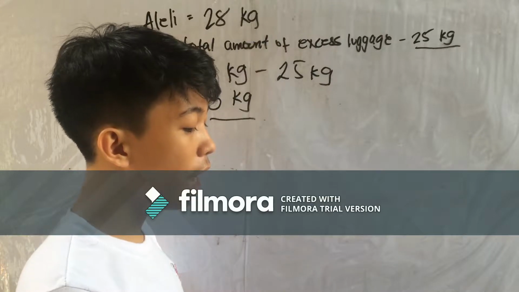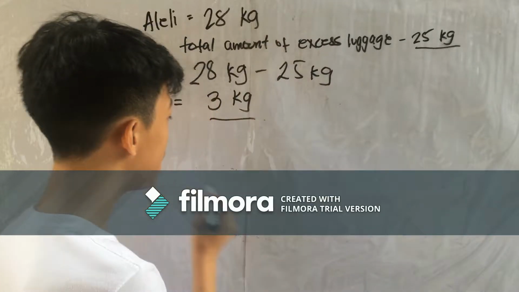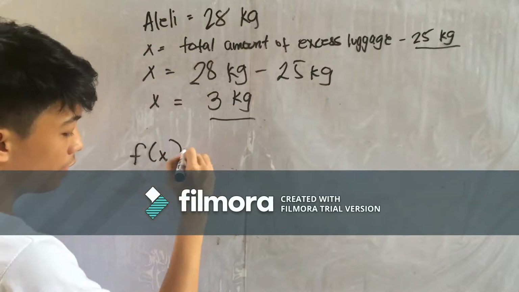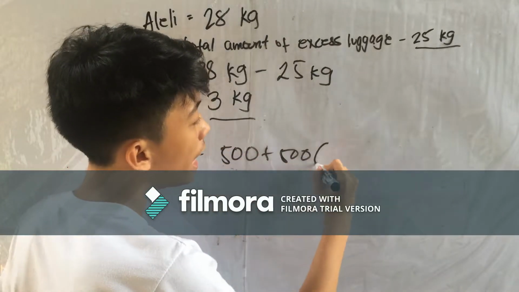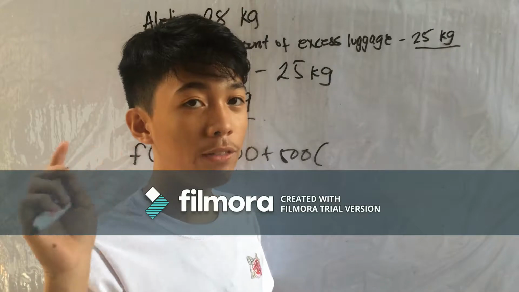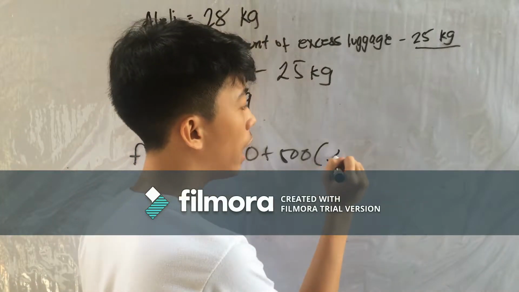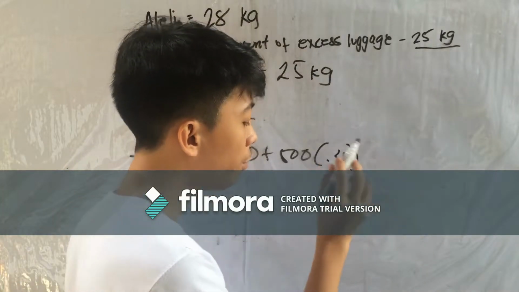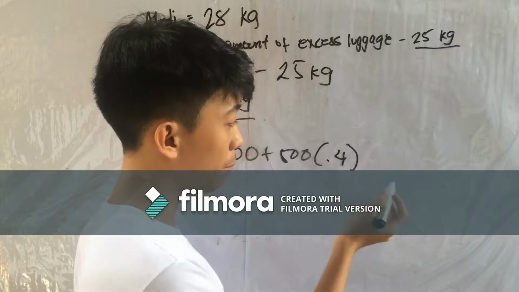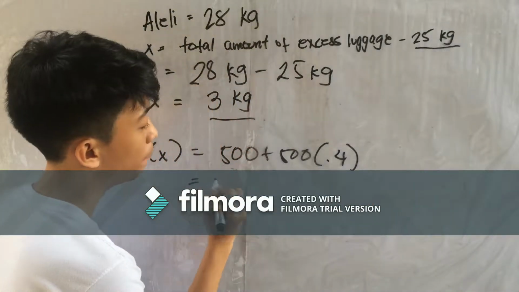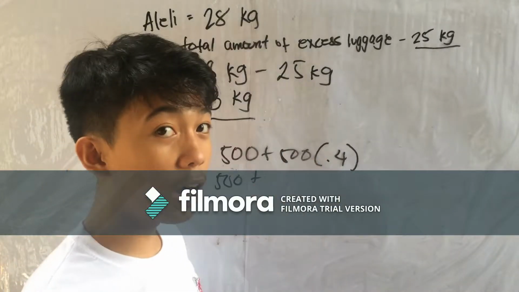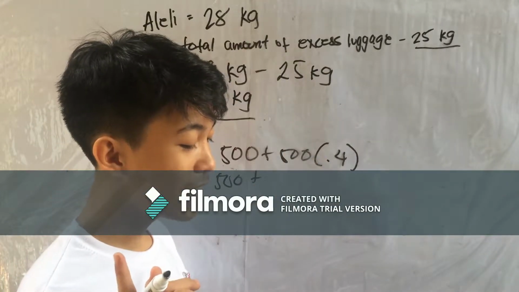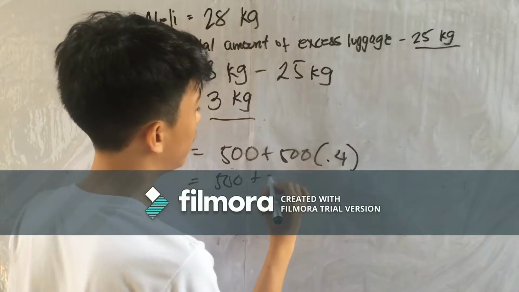So, ang ating gagamitin is ang f of x is equals to 500 plus 500, dahil nga nag-fall siya sa 1 to 5 kg, 0.4 yung ita-times natin. So, ganito yan. 500 plus 500 times 0.4 is 200.